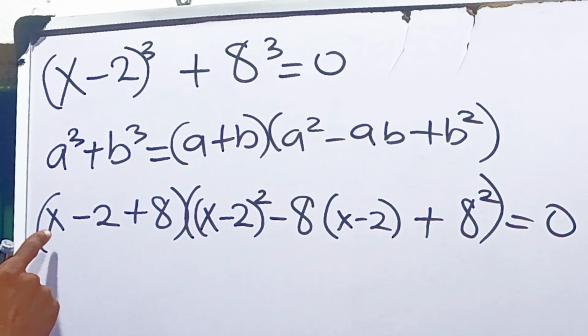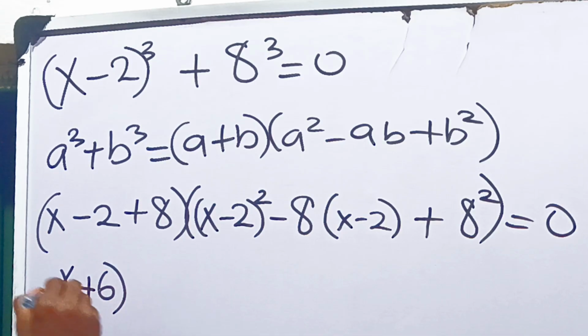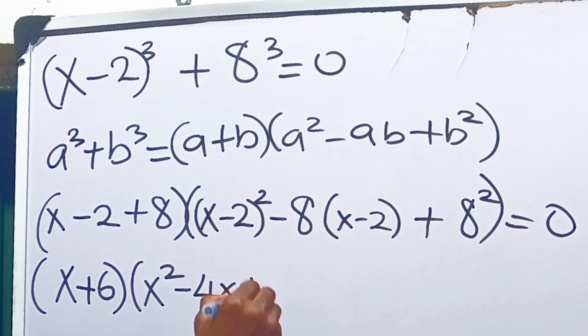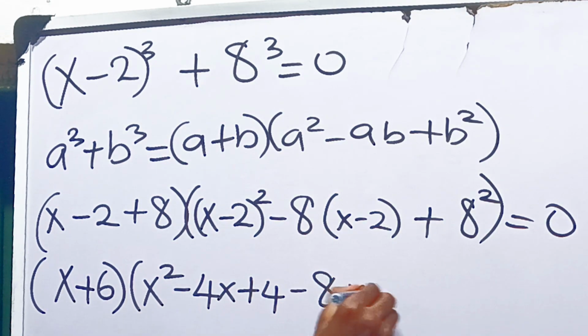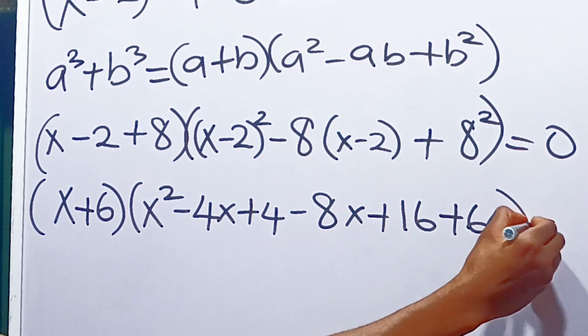Okay, now x − 2 + 8 is x + 6, multiplied by x^2 − 4x + 4, this is −8x + 16 + 64 equals 0.